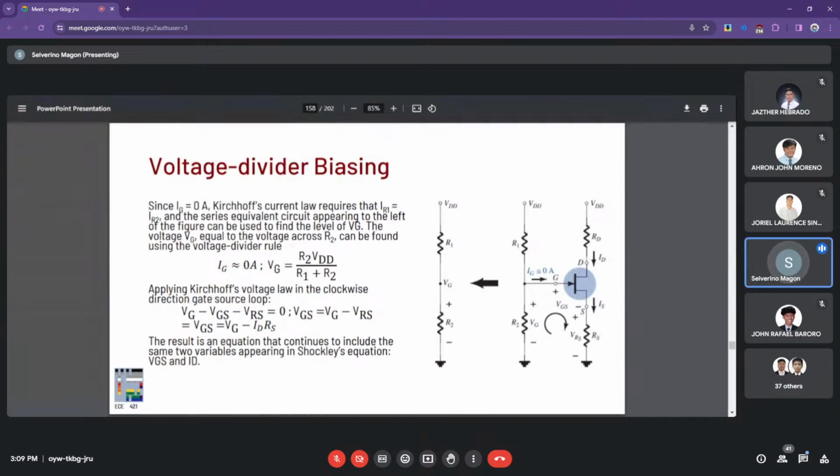Okay, so is everything clear with the calculation presented? So essentially here we are just doing the same thing here. VG at this loop is equal to VGS minus VRS right here.